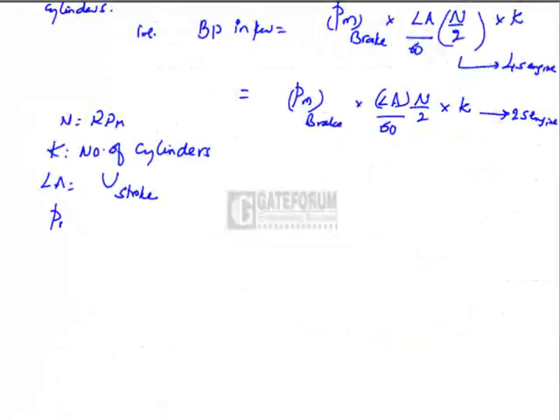P_m is brake mean effective pressure in kilopascals. Stroke volume should be in meter cube. Then the resultant answer will be obtained in kilowatts.